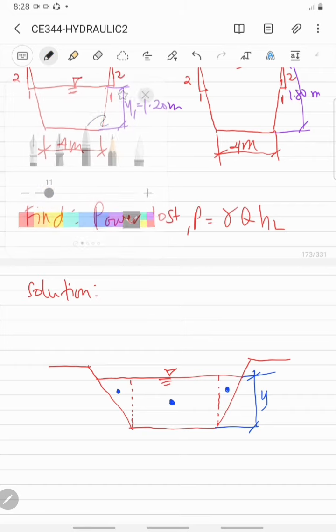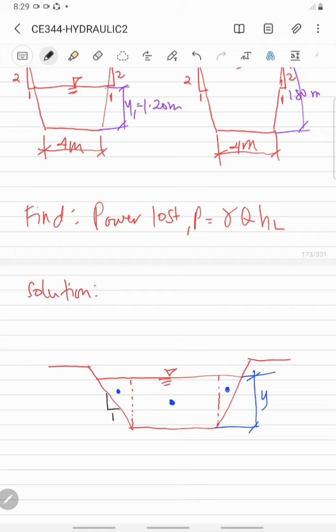The side slope of this trapezoidal section is 1:2, and also this one, 1:2. That is 1 horizontal and 2 vertical. This is our x, and I will let this also be my x since they have the same side slope.